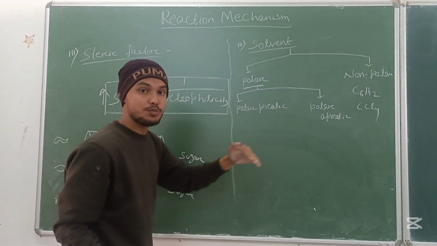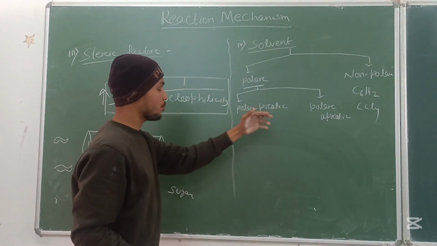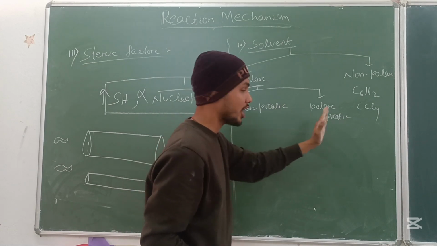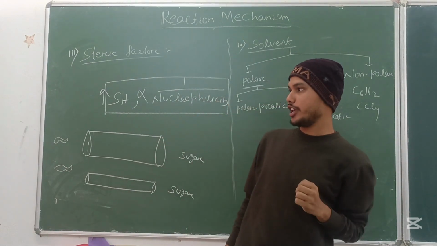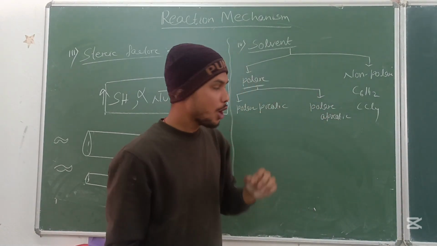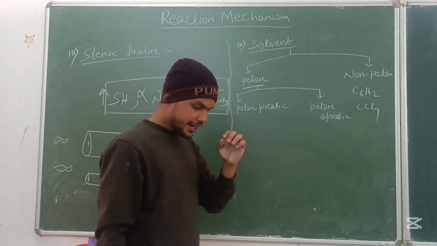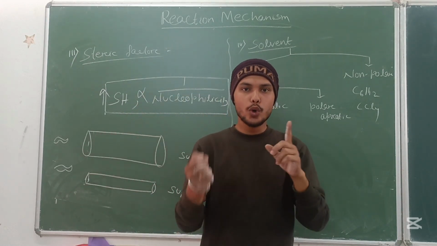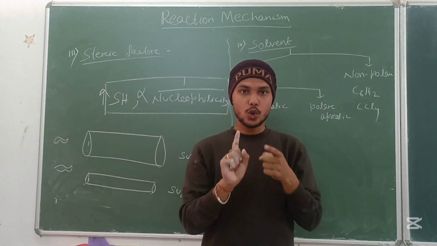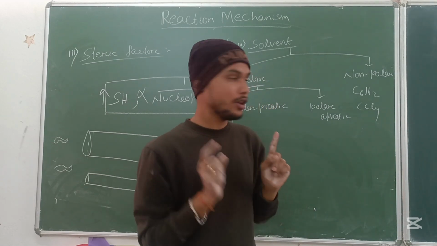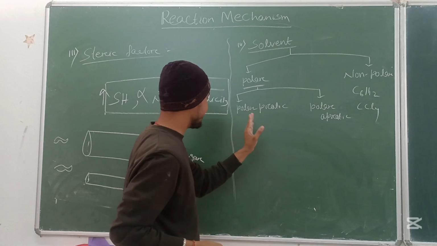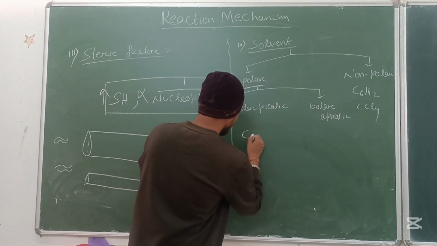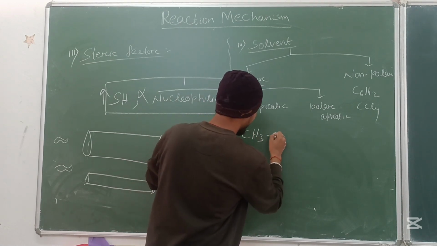And what is a polar solvent? Polar solvents are also of two types: polar protic and polar aprotic. What do you mean by protic? Protic means it must have a hydrogen atom directly attached to a highly electronegative atom. Let's take an example: methanol, CH3OH.